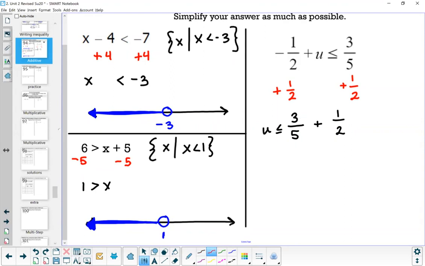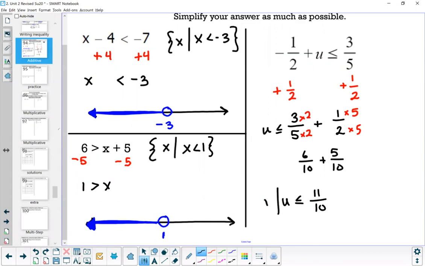So I'm going to multiply this first fraction by 2/2. The second fraction, I'm going to multiply by 5/5. So that's going to give me 6/10 plus 5/10. And I get 11/10. So I have u is less than or equal to 11/10.